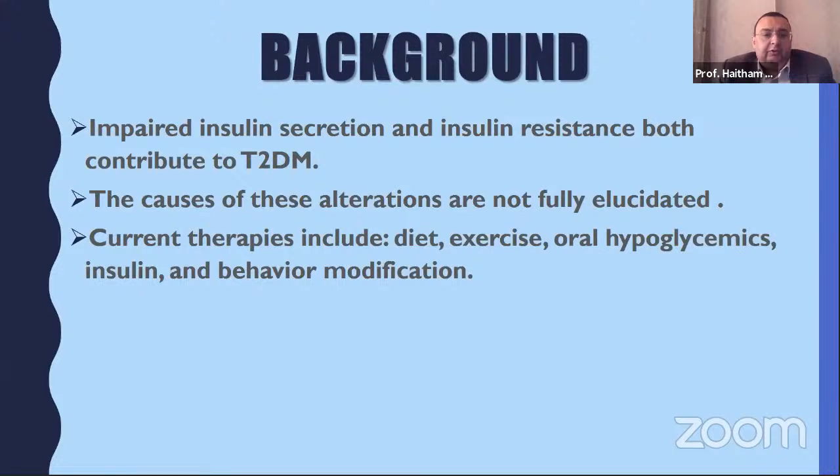Type 2 diabetes is mainly due to increased insulin resistance and a secretory defect in insulin. The current therapies mostly include diet, exercise, oral hypoglycemic drugs, different types of insulin, and behavioral modifications. But most of these treatments are not fully effective, especially in the long term.